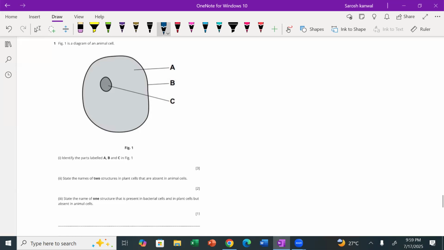B is the cell membrane, C is the nucleus, and then A is the cytoplasm.